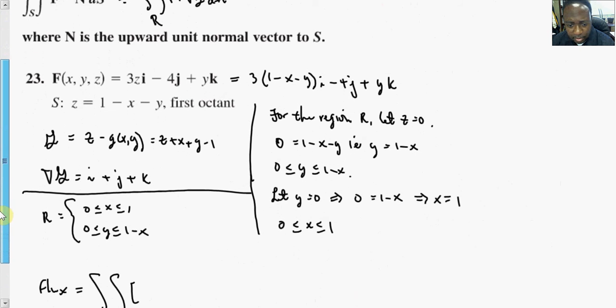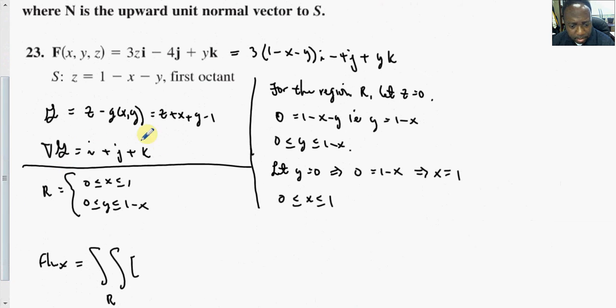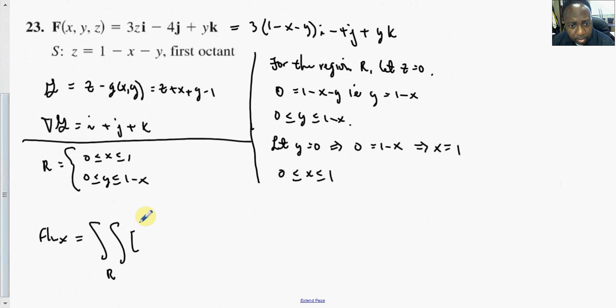We have the gradient of G. It's this guy here. So capital F is here. This is 3 minus 3x minus 3y I minus 4j plus yk.